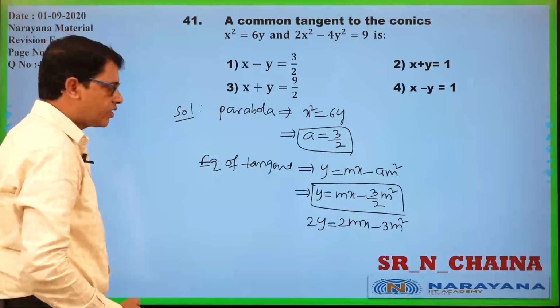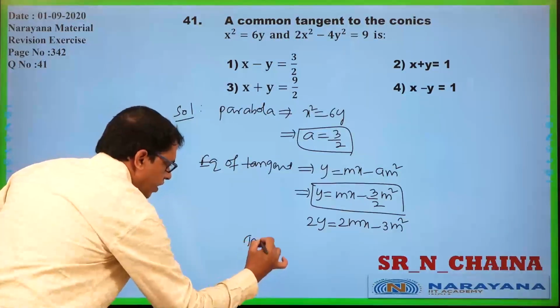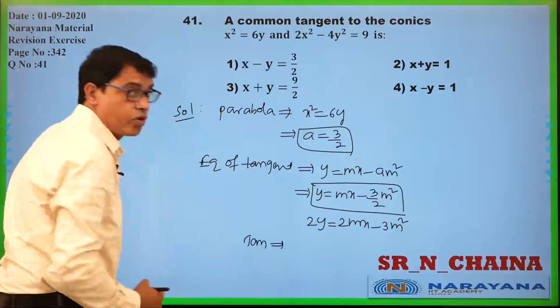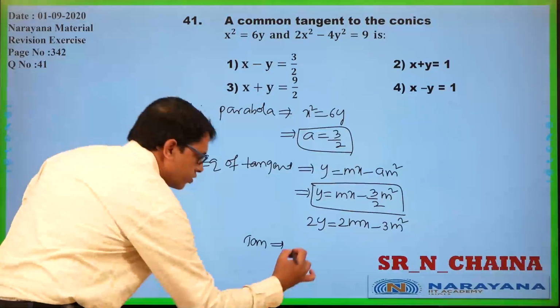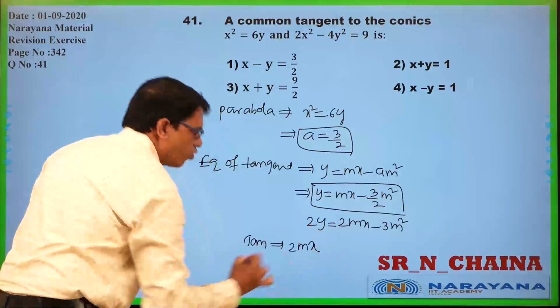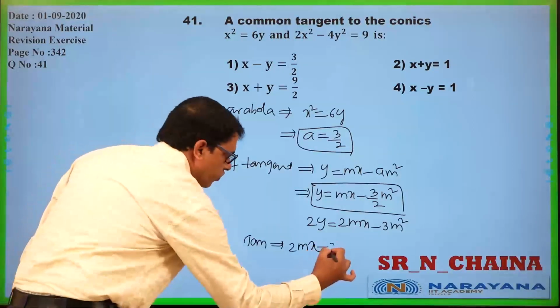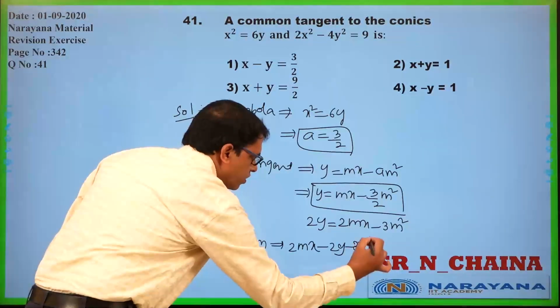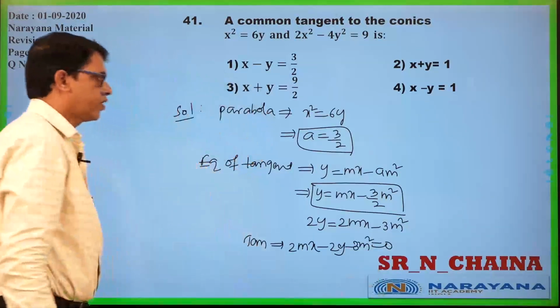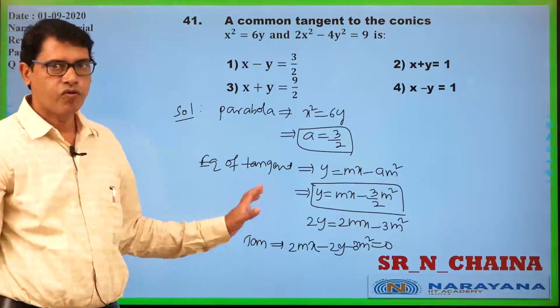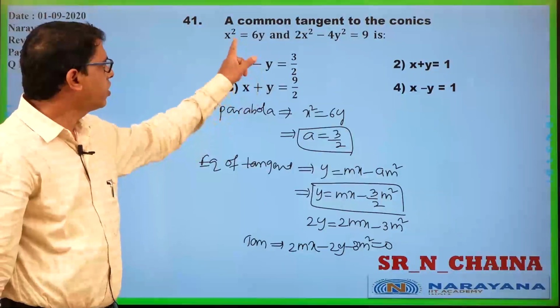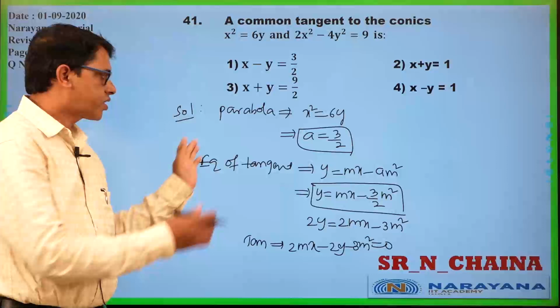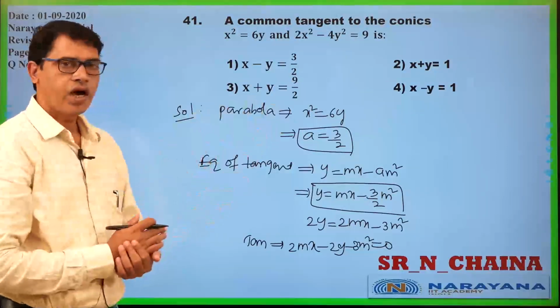Therefore the equation of tangent to the parabola is 2mx minus 2y minus 3m square equals 0. Now this is the tangent to the parabola. Now this line is also tangent to the hyperbola.